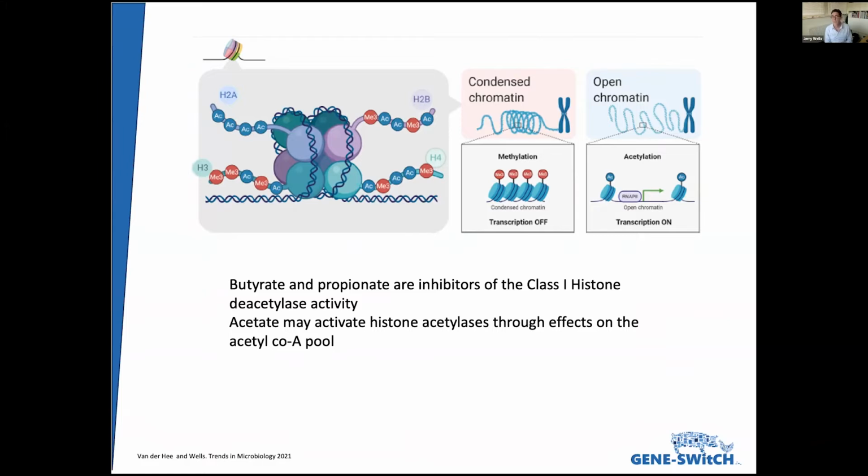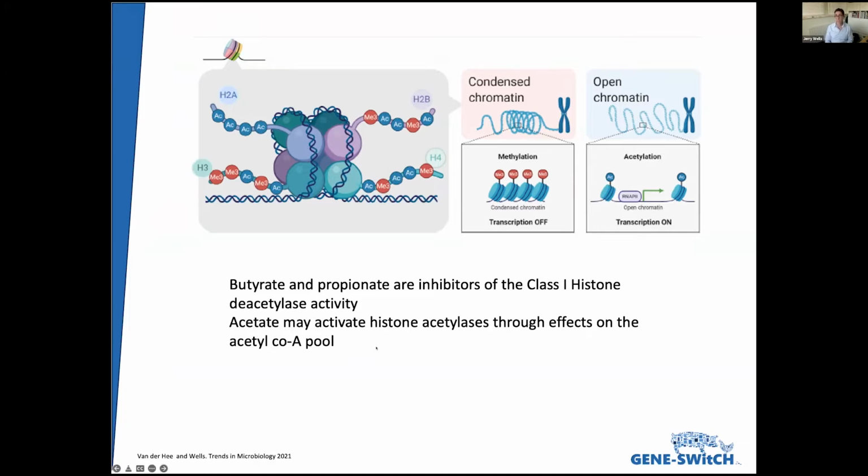Butyrate and propionate are known to be inhibitors of class 1 histone deacetylase activity. I personally don't think they directly inhibit the histone deacetylases. They don't look like pharmacological inhibitors of these enzymes. I think it's more indirect, and perhaps through AMP kinase or other signaling mechanisms.